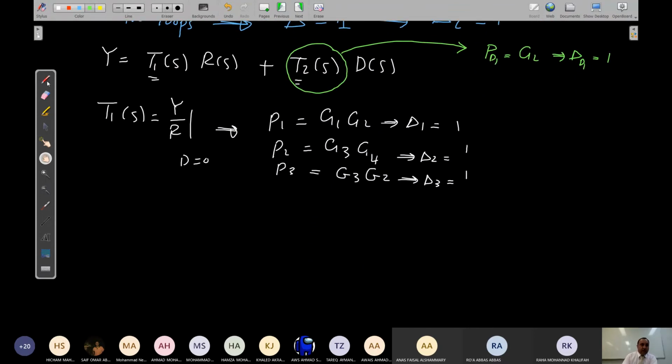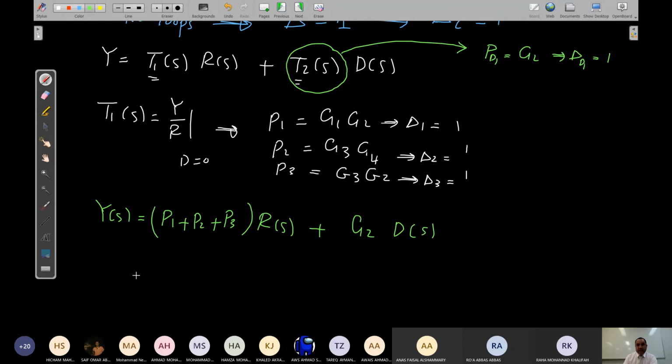Who can help me to write Y? So now Y of S will equal T1. Do you remember T1 was what? P1 plus P2 plus P3 over delta, which is the 1, all multiplied by R of S plus T2, which is G2, multiplied by D of S, correct?